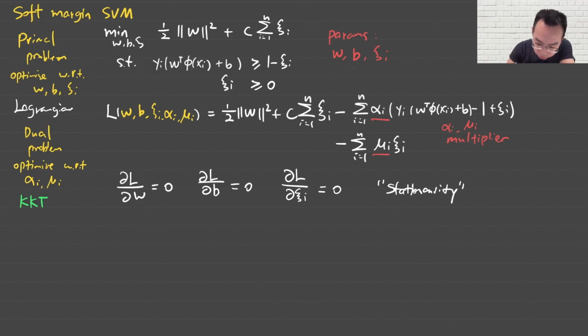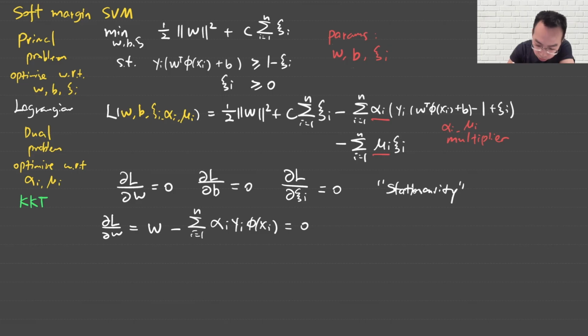So we have the first one equals W minus, this term is linear, I think, yes, the sum of alpha i yi phi of xi, equals 0.